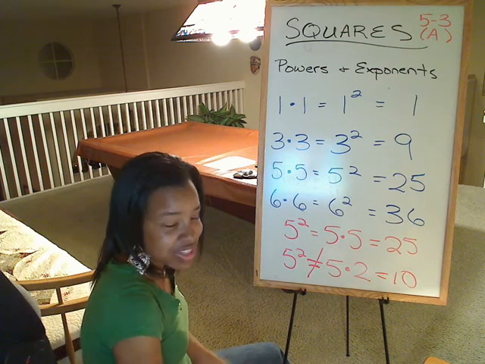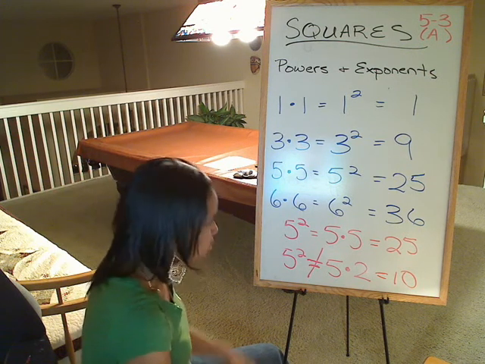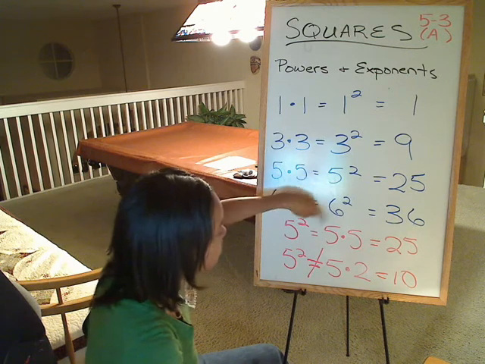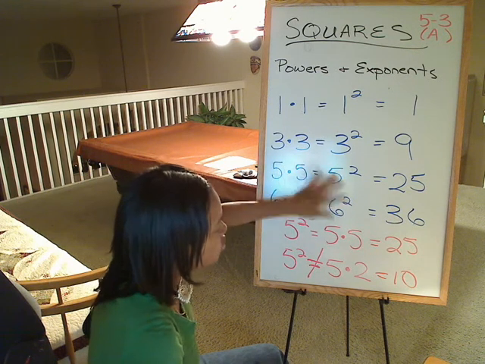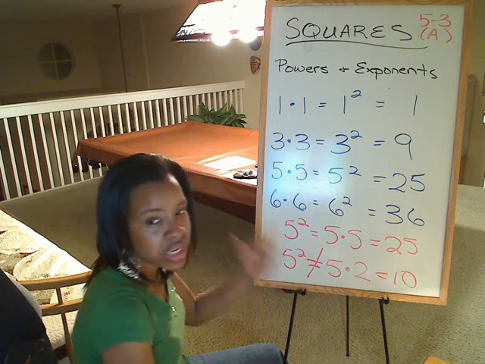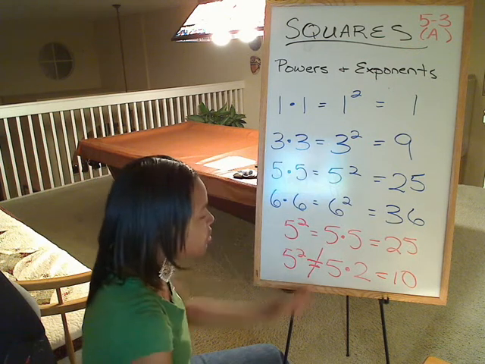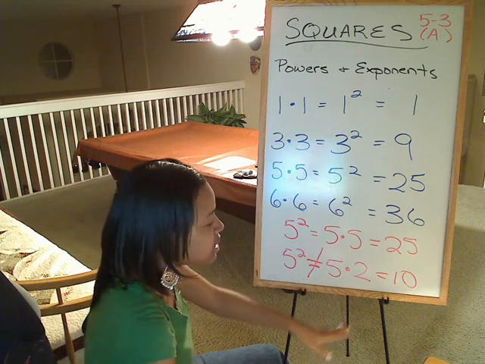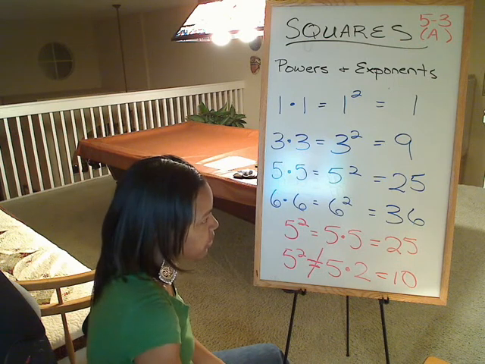I'm telling you this because this is one of the most common mistakes, especially if you're rushing and you see 5 squared or 6 squared. You tend to do 6 times 2 or 5 times 2 because you know you're supposed to multiply, but they forget that you're not multiplying the base times the exponent. You're multiplying the base times itself however many times this exponent tells you to.